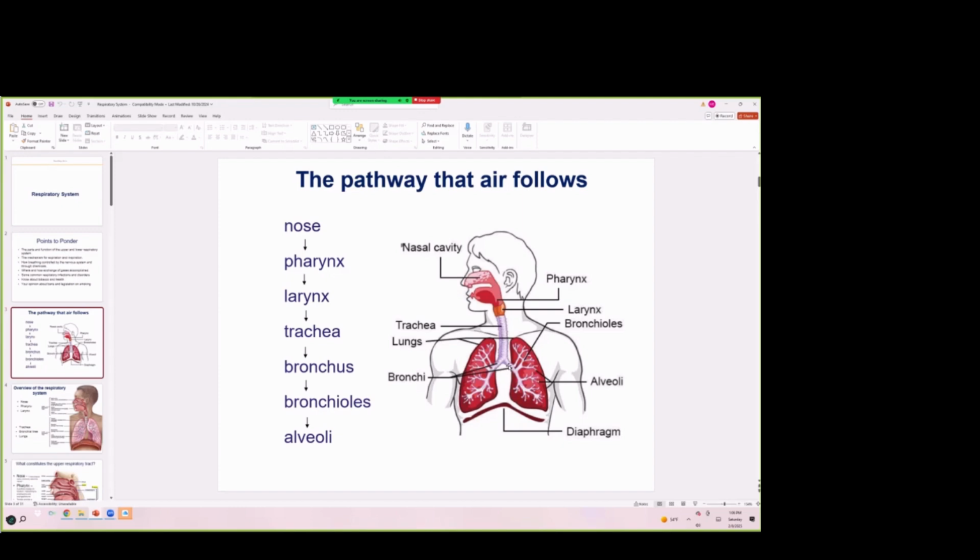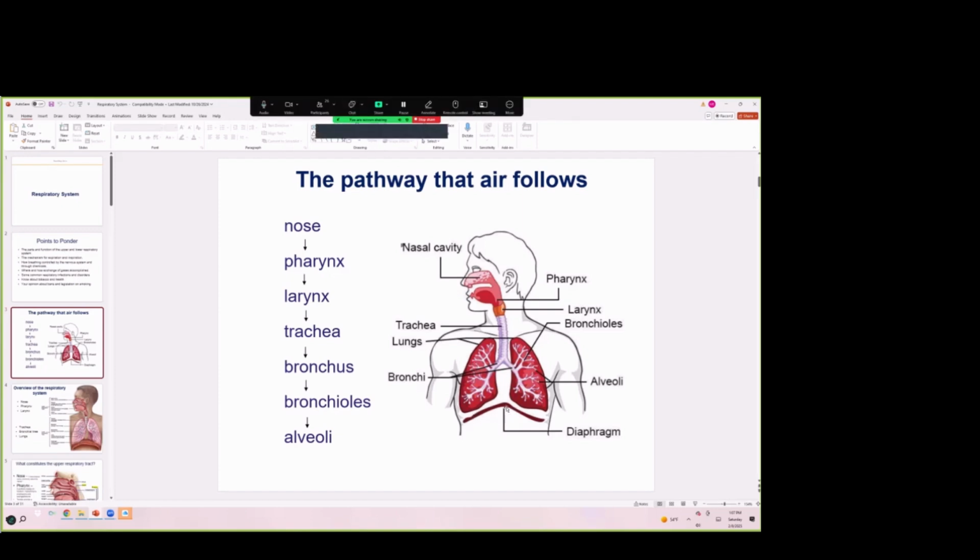So you have the trachea, the bronchus for one, bronchi for two of them. This branches into two lungs, and then fans out into bronchioles, smaller branches that end up in sac-like structures called alveoli. These lungs are within a thoracic cavity.